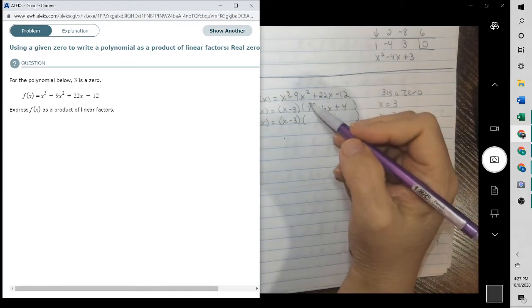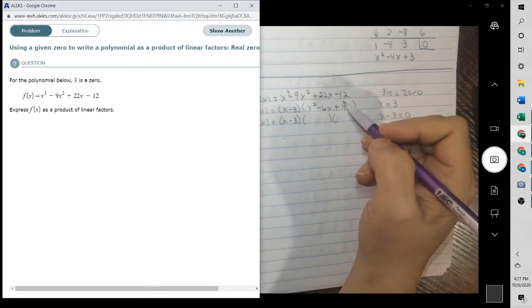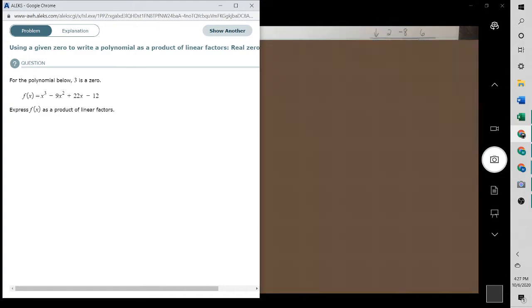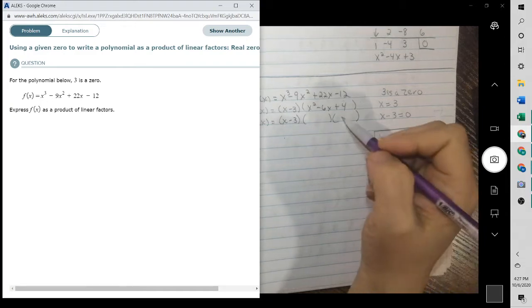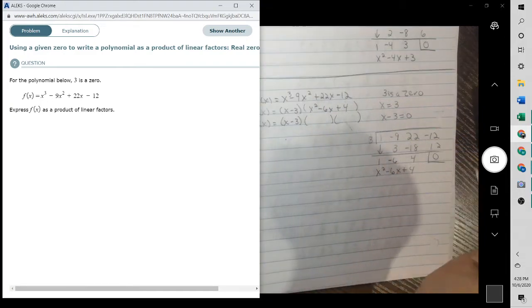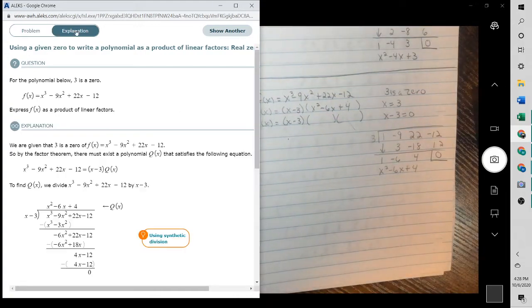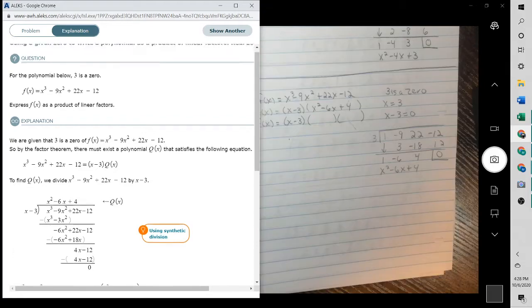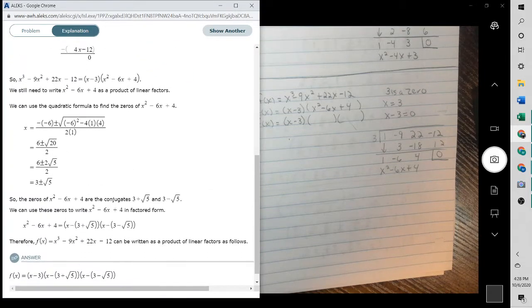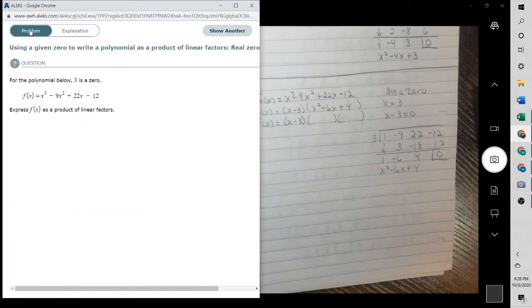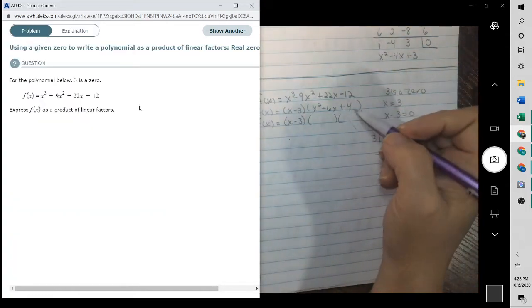We could use the quadratic formula. Let's see how they want us to write it. Okay, they do want you to use the quadratic formula. So this one is not factorable.